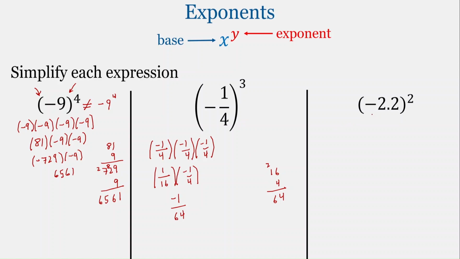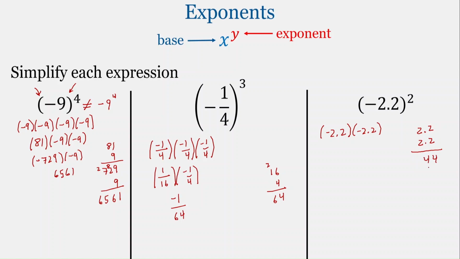And then finally, we have negative 2.2 squared. So this is negative 2.2 times negative 2.2. So let's go ahead and multiply these out. And using those rules of multiplying, we'll ignore the signs at first, and we'll just multiply these numbers. So 2 times 2 is 4. 2 times 2 is 4.